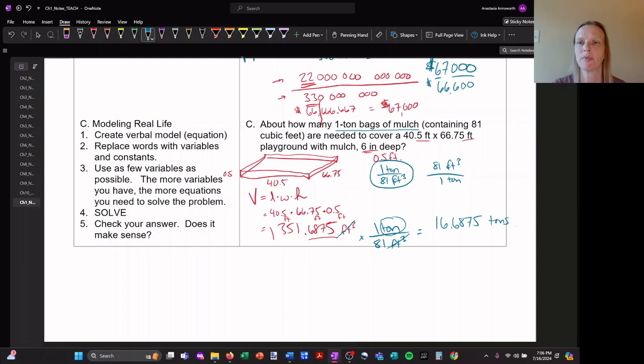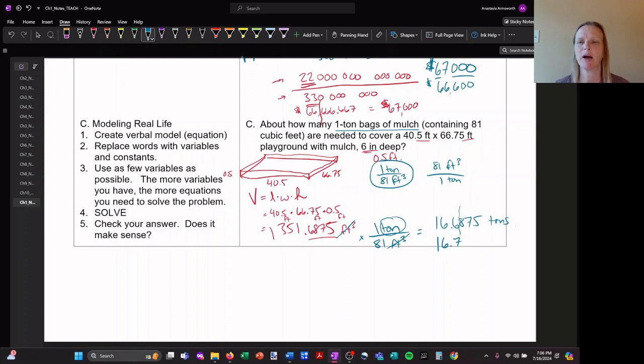Now, let's round this off to a sensible number of significant figures. Not only do I have to think about the measurements involved, so I wouldn't want to have more than one decimal place in my final answer, but does one decimal place in my final answer make sense? Does it make sense to say I'm going to buy 16.7, kind of rounding off here, 1 ton bags of mulch? I bet I can't buy 0.7 of a ton bag of mulch.